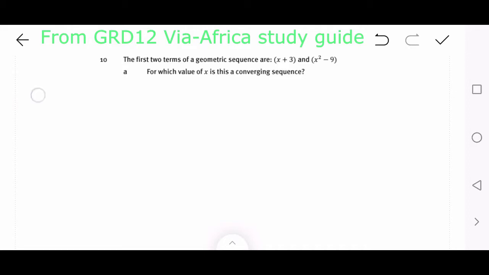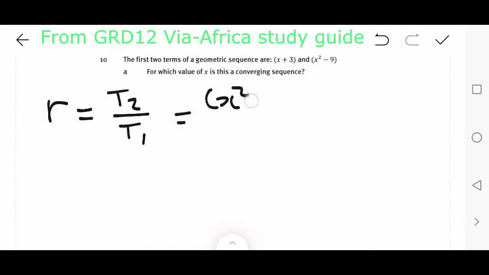So r equals T2 over T1. So T2 is x squared minus 9 over x plus 3. We can simplify this.